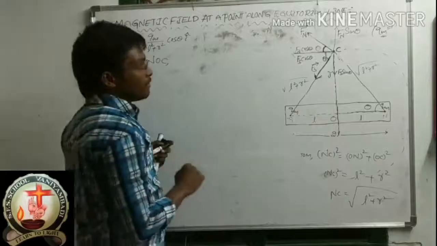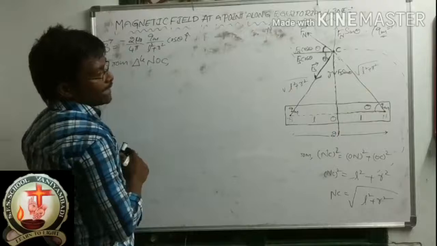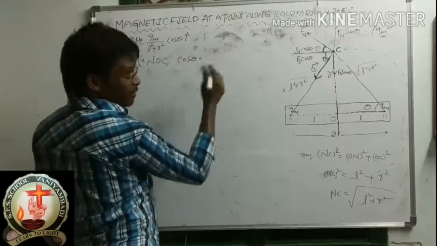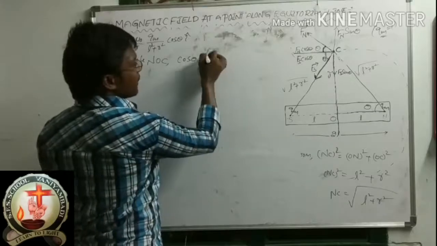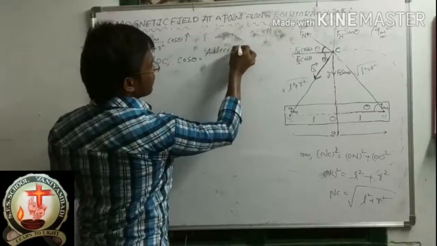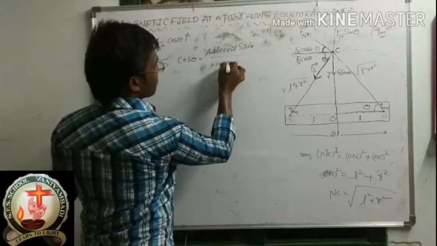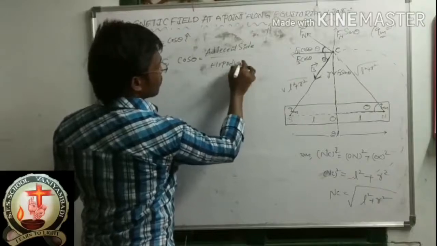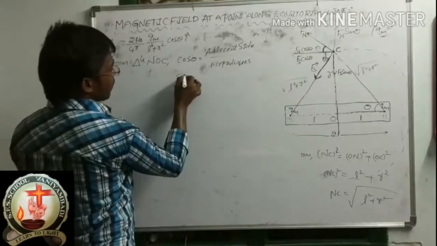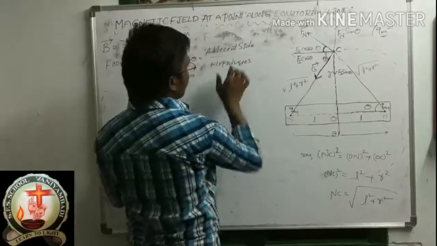Okay. Now from this triangle NOC, I am going to write cos theta. Cos theta formula is what? Adjacent side by hypotenuse. Correct now? So cos theta is equal to, this is the theta, so what is the adjacent side?